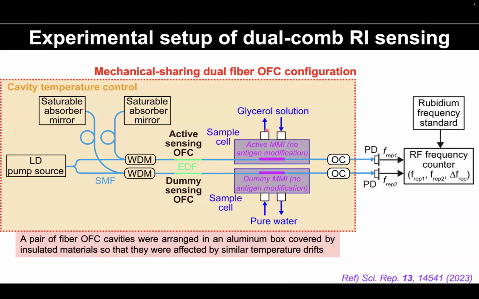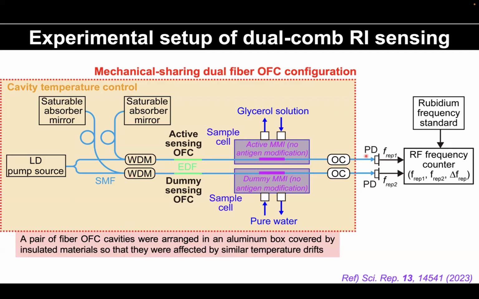For the mechanically sharing dual fiber OFC configuration, a pair of fiber OFC cavities were arranged in an aluminum box covered by an insulating material so that they were affected by a similar temperature drift.